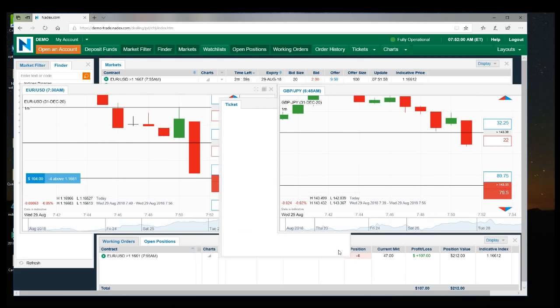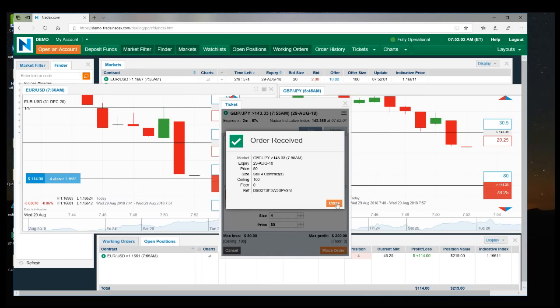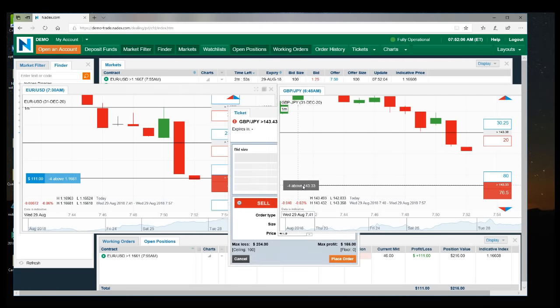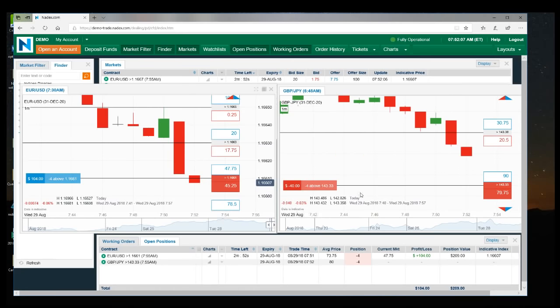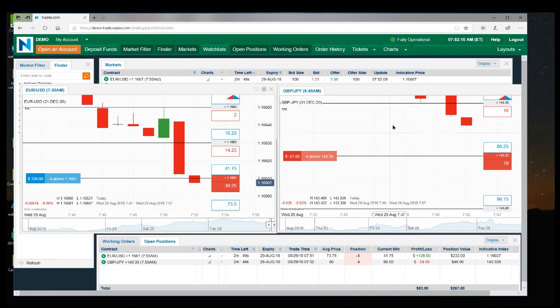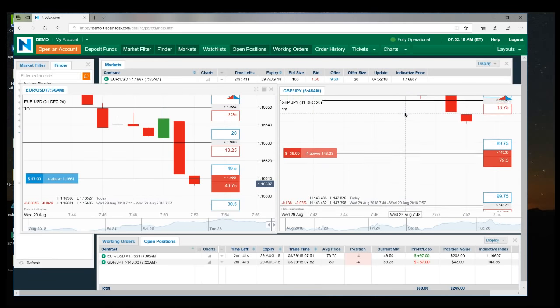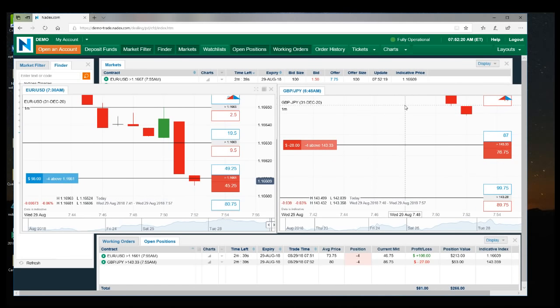Still see if we can get the British pound. Either that's going to move in our direction or not. It's going to be one of the two. It does have the reversal bar. The problem here is you're not getting a really solid movement. We'll see what happens though.